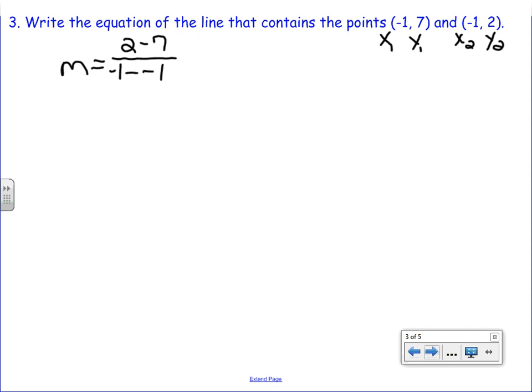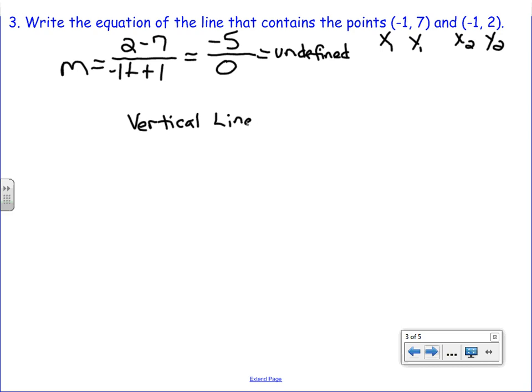In the numerator, 2 minus 7 gives us a negative 5. In the denominator, we can change the double negative to a plus, and we get 0. Now, negative 5 divided by 0, we can't do. That's an undefined answer. And again, hopefully you recall that a slope that is undefined is a vertical line.